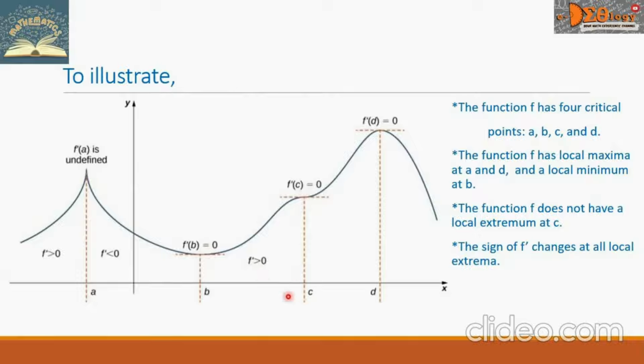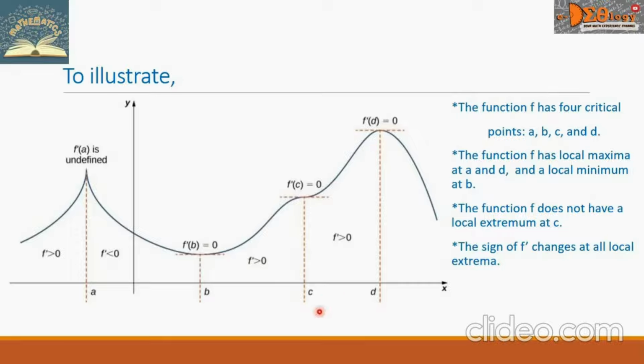Let us consider the point C. On the left side of point C, the graph is increasing, and we say that the derivative is positive. While the right side of C, the graph is again increasing, and we know that the derivative is positive in here.